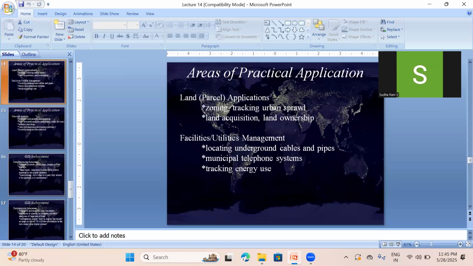Areas of practical application, land applications: zoning, tracking urban sprawl, land acquisition, land ownership. Facilities and utilities management: locating underground cables and pipes, municipal telephone systems, tracking energy use.